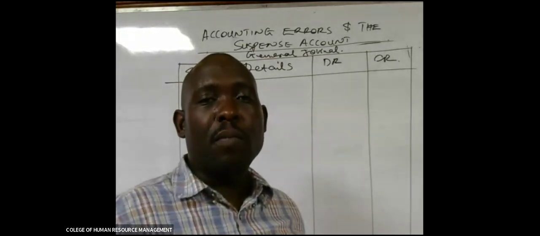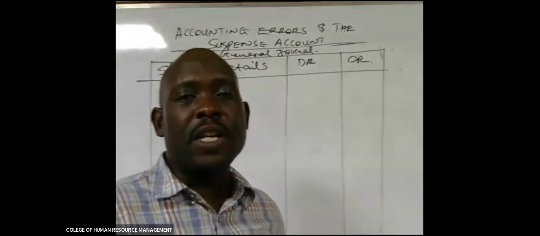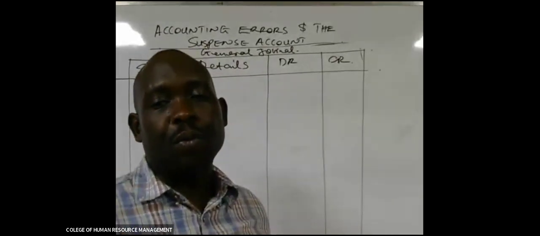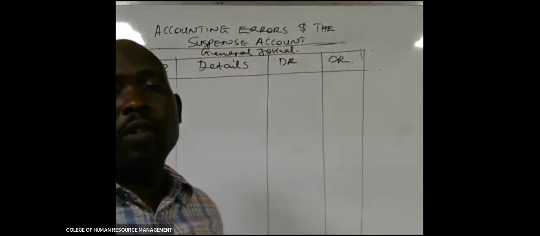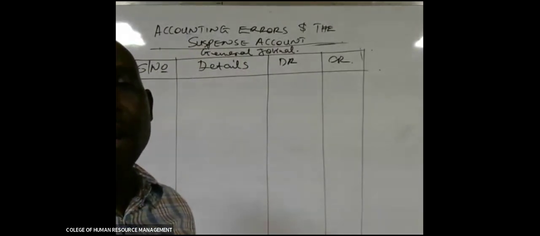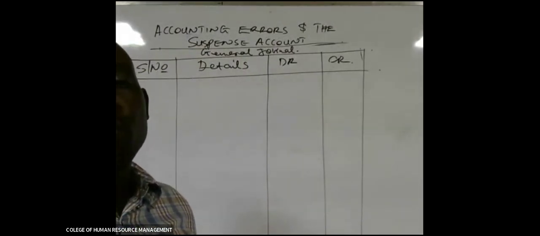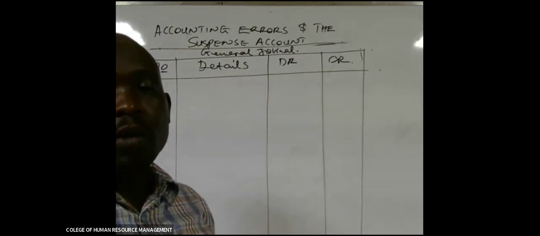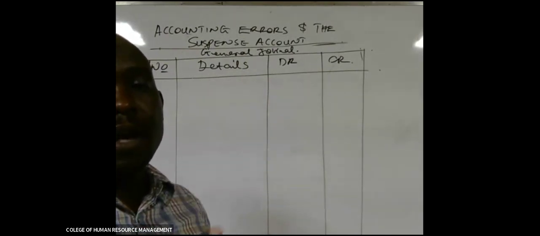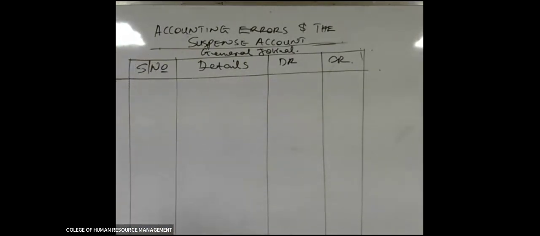When it is totally omitted, it was never debited or credited anywhere. And I told you, the error of omission is simply corrected by recording the entries the way they were supposed to be recorded. The account that was supposed to be debited, you debit. The account that was supposed to be credited, you credit.